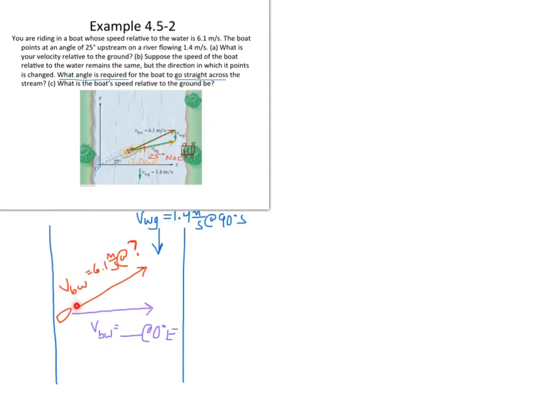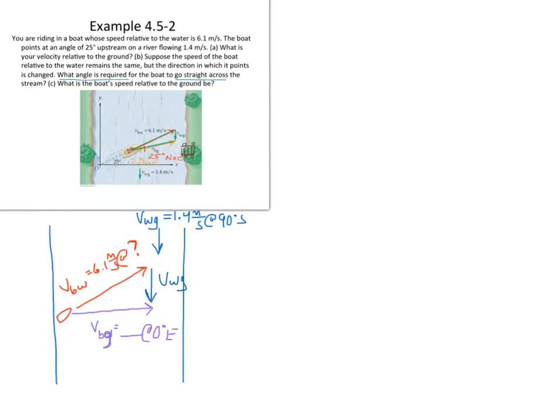So this vector, at some unknown angle, plus the vector of the water with respect to the ground, the velocity of the water to the ground, is going to result in the boat actually, oh, I'm sorry, I apologize, this is boat to the ground right here, because there's an object on the ground that we want the boat to get to, right?